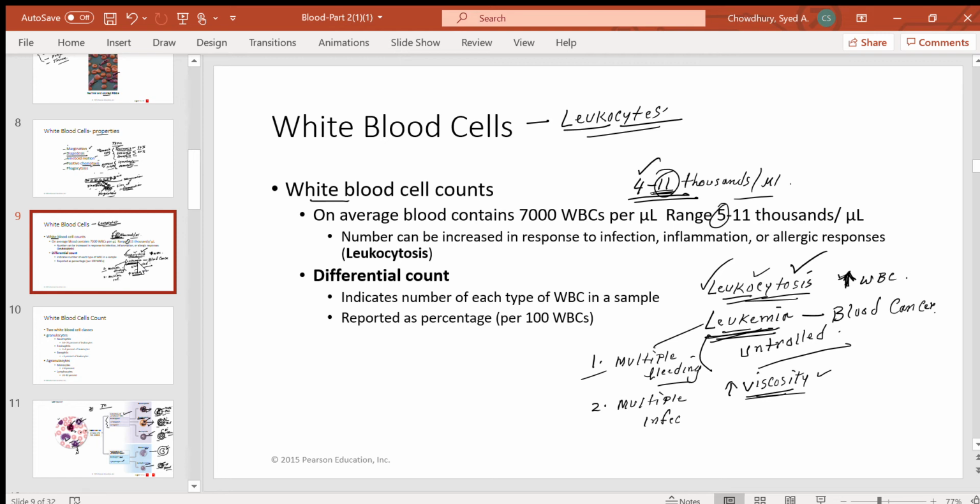Makes sense, right? Your body cannot destroy the antigens, so multiple infections. These are two things we see in leukemia. Of course other things happen, but just remember these two, and you understand why, right? Due to increased viscosity, bleeding or rupture of the blood vessels, and due to abnormal white blood cells that cannot fight against the microorganisms, you get multiple infections.